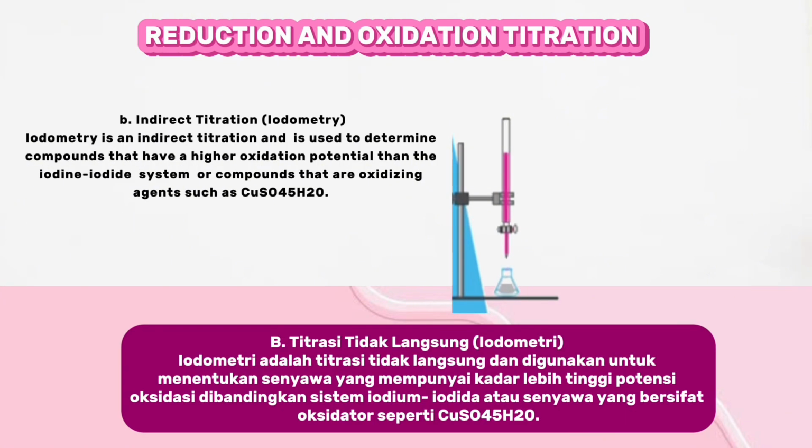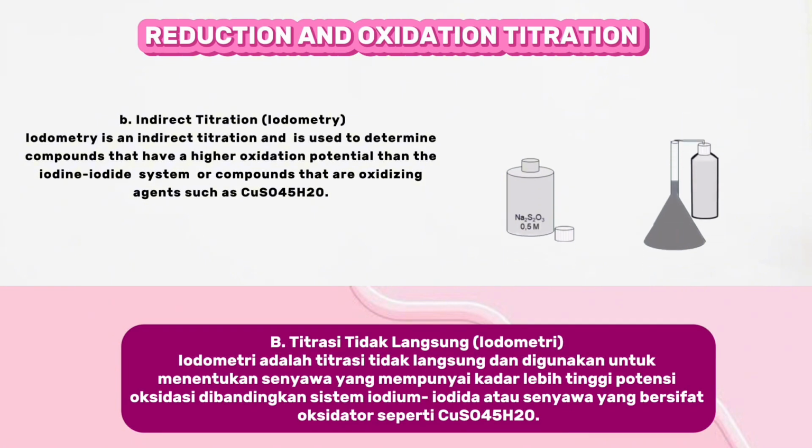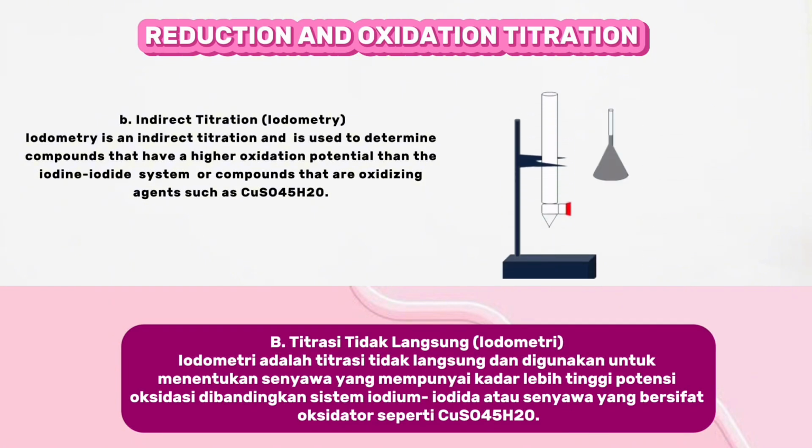B. Indirect titration, iodometry. Iodometry is an indirect titration used to determine compounds that have a higher oxidation potential than the iodide system, or compounds that are oxidizing agents, such as CuSO4 5H2O.